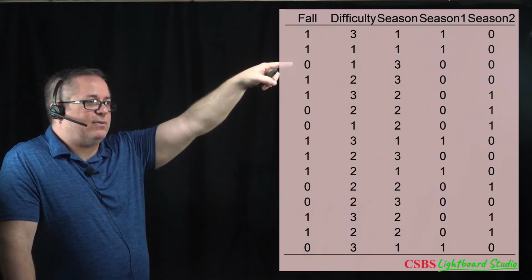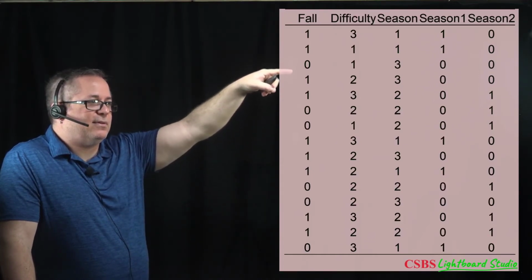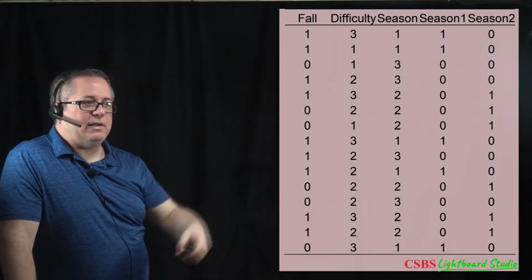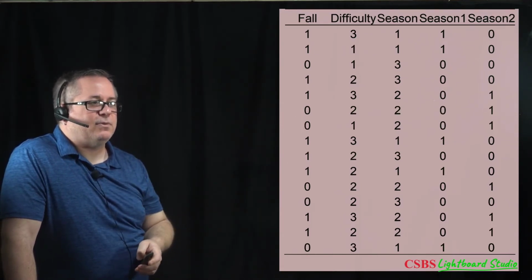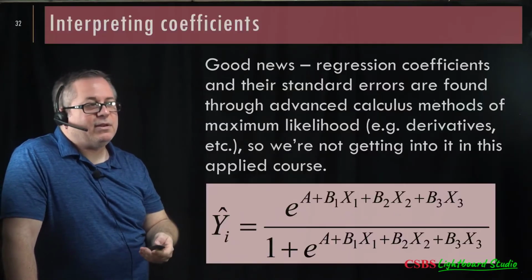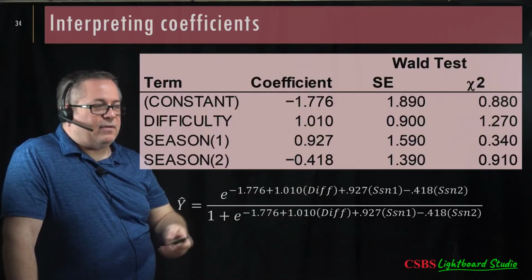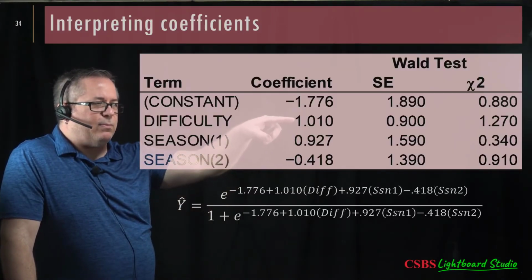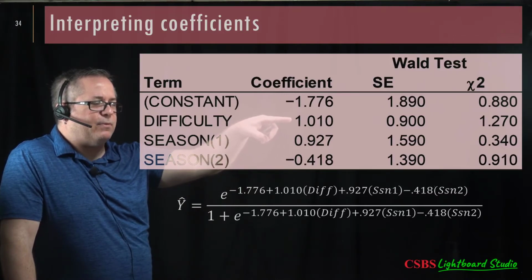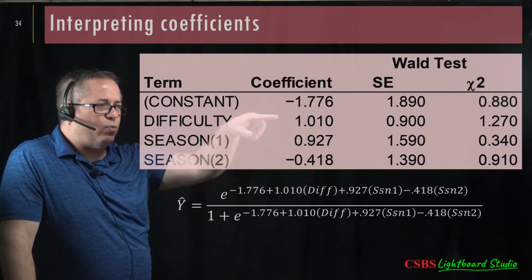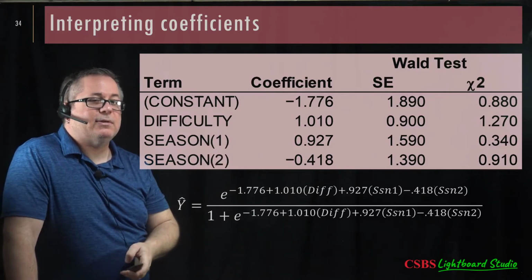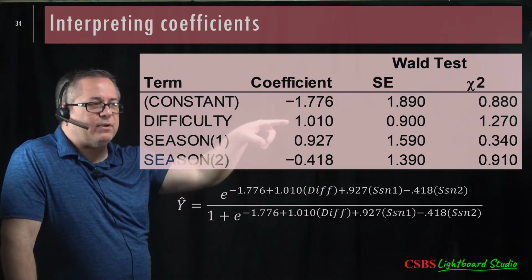Is it just 1s and 0s? It's not the probability either. It's close, closer. The 1.01, if difficulty goes up 1, I increase 1.01 what? What are the units that are increasing here?